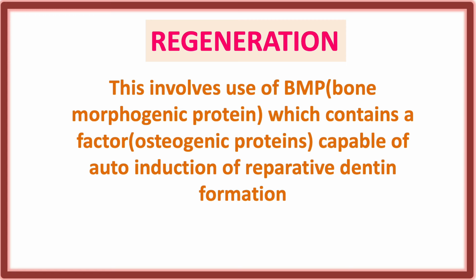But in regeneration type of pulpotomy, we are going to place a bone morphogenic protein which contains a factor capable of autoinduction of reparative dentine formation. It contains an osteogenic protein that causes the induction of reparative dentine formation.